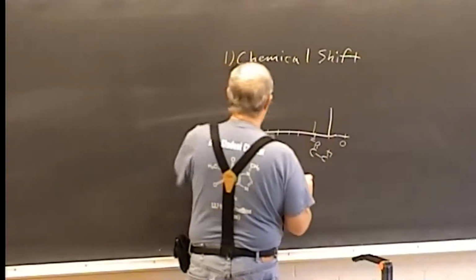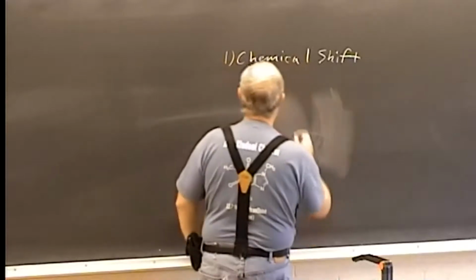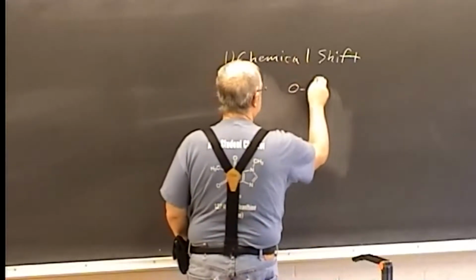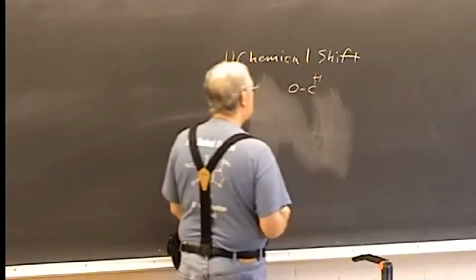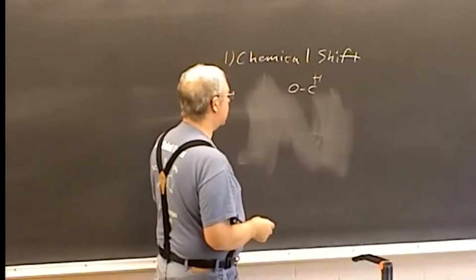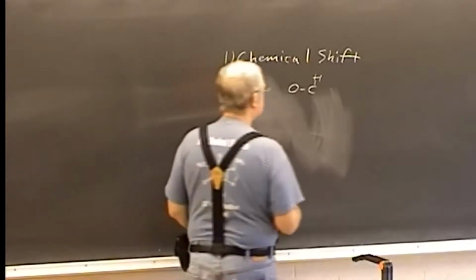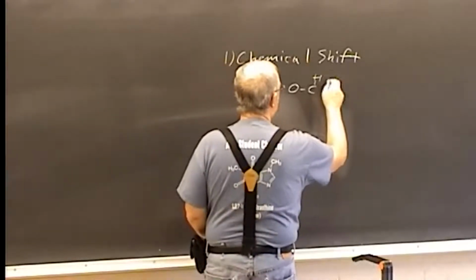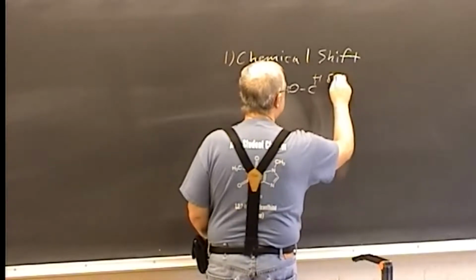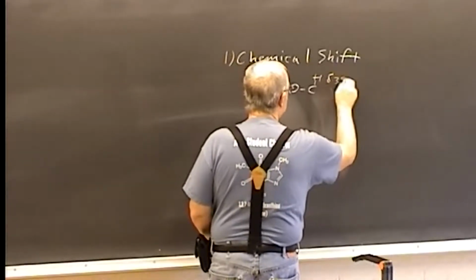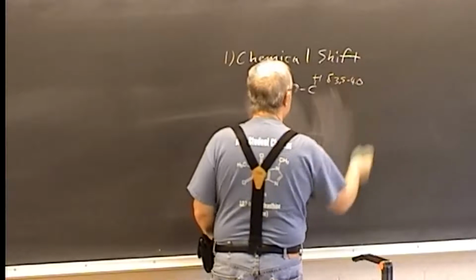If we have hydrogens on a carbon next to an oxygen or a halogen, this would show up delta about 3.5 to 4 approximately.